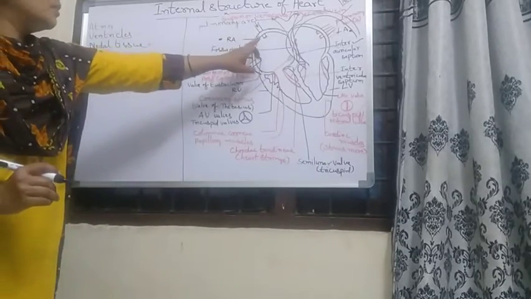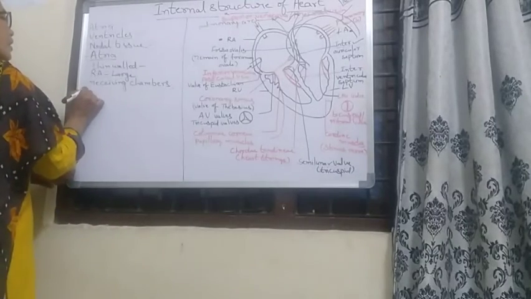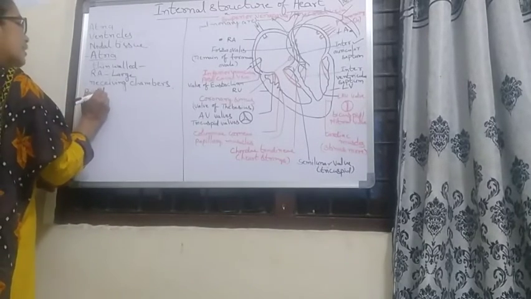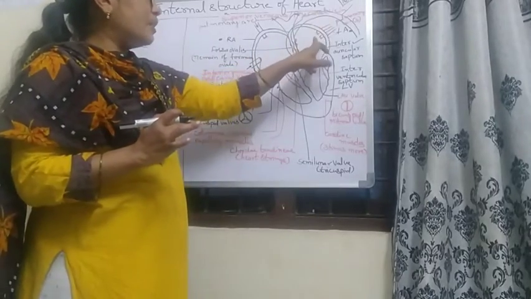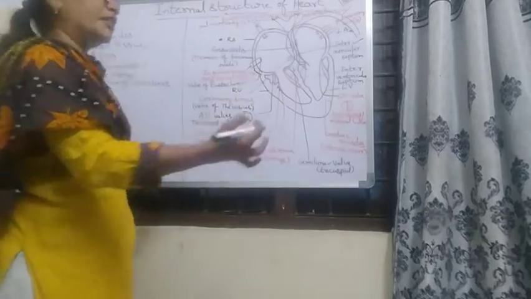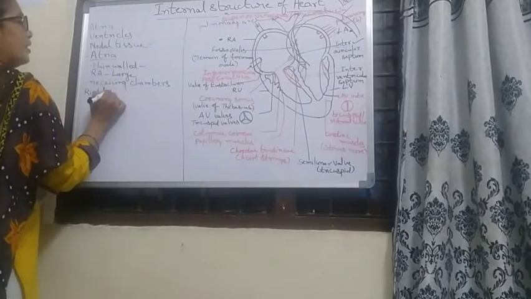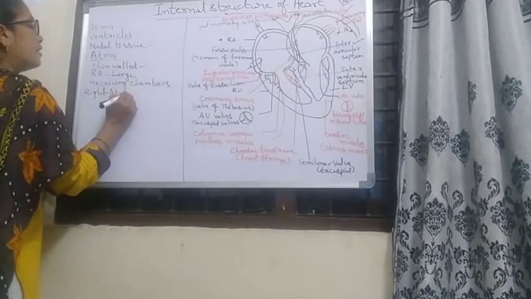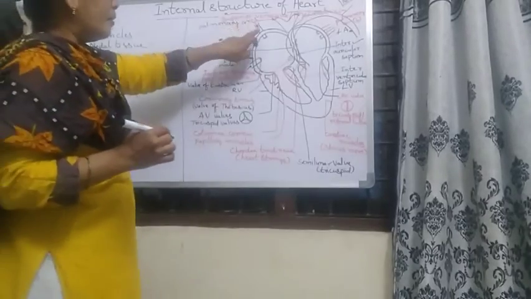Now first we discuss the right atrium. The right atrium receives deoxygenated blood, and the left atrium receives oxygenated blood. The right atrium receives blood from three veins.